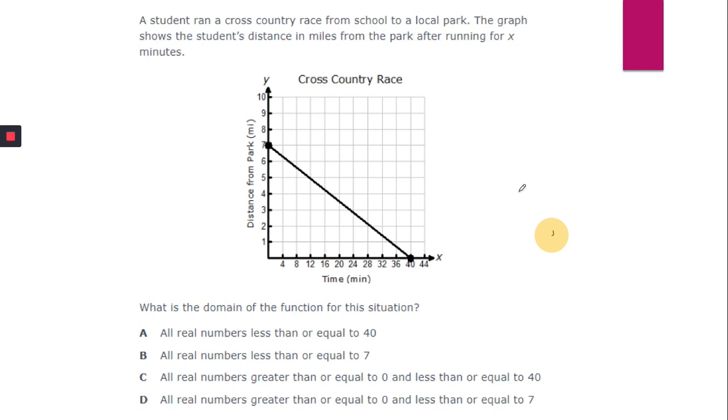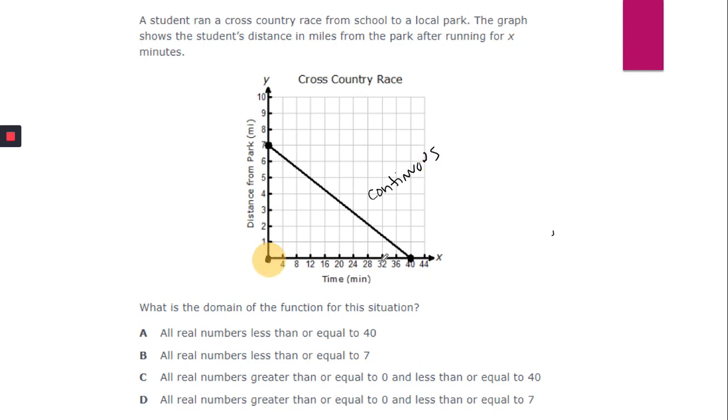So this is talking about a cross-country race. The X represents time, so we can already in our minds think we're not going to have negative time. We also see there's a line here, so we know this is continuous. And then Y stands for the distance. We already know we cannot have negative time.